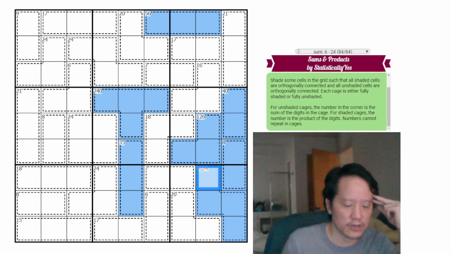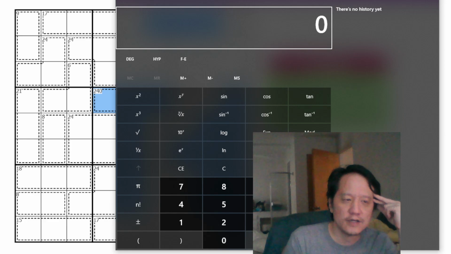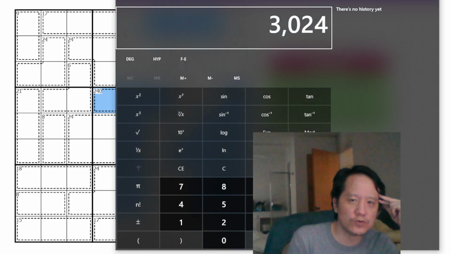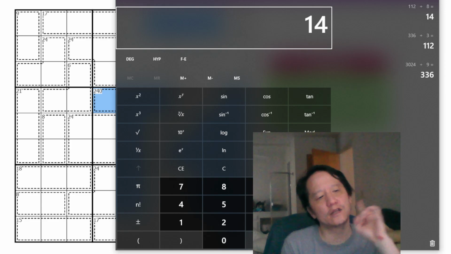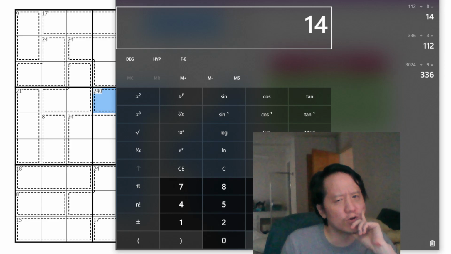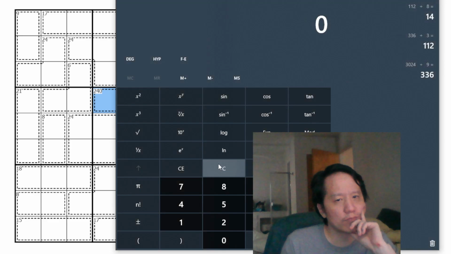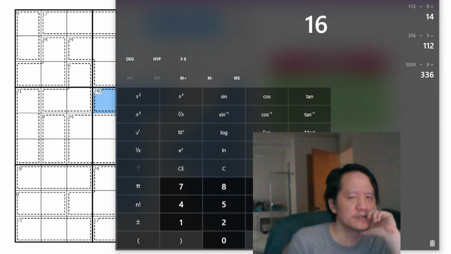Let me put the calculator out again. 3024 divided by 9, divided by 3, divided by 8. So it's 16, right? So 16, let's check. 16 times 8 times 7.